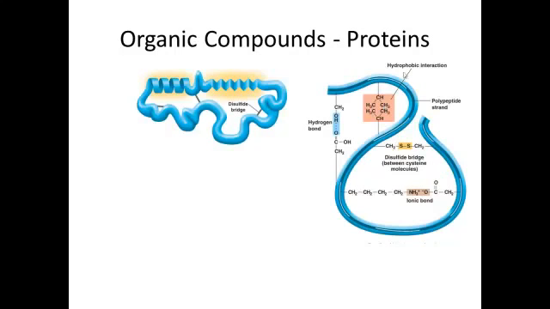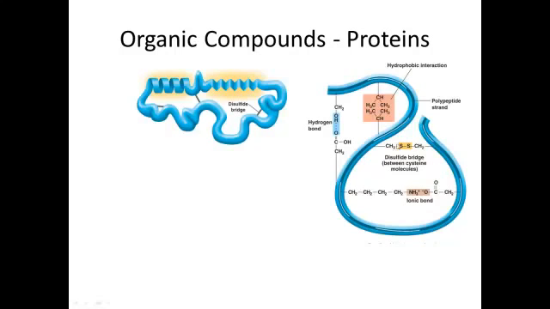Now down here, you'll notice that I've got an amine group on the end of this side chain. It's picked up an extra hydrogen, so it's basic. It's got a positive charge. I've got an acid group that's lost its hydrogen, so it's negative. And this positive charge and this negative charge are going to be attracted to each other, and we're going to have an ionic bond.